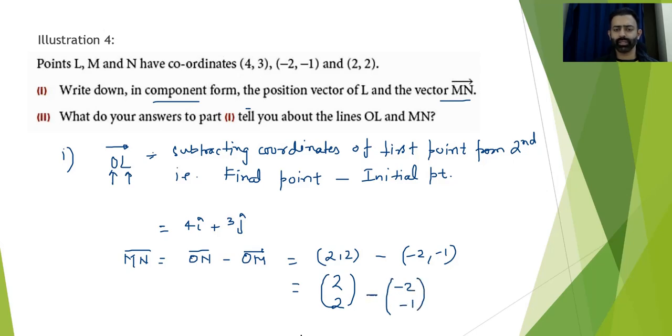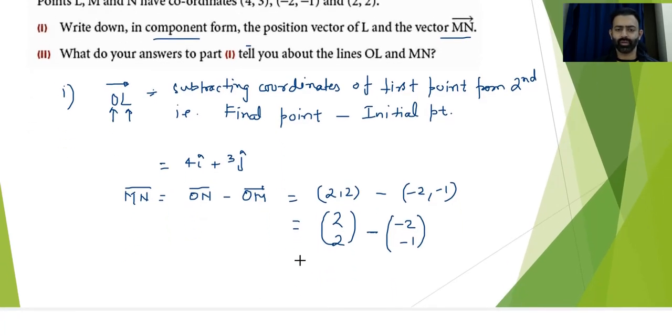It is easier to write this in column form, 2 2 like this, minus minus 2 minus 1. Dealing with algebra, it looks easier. So 2 minus minus 2 is plus 4 and 2 minus minus 1 is 3, right? So this is the vector MN, not the position vector.